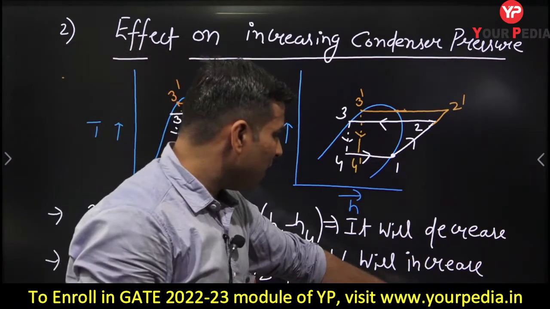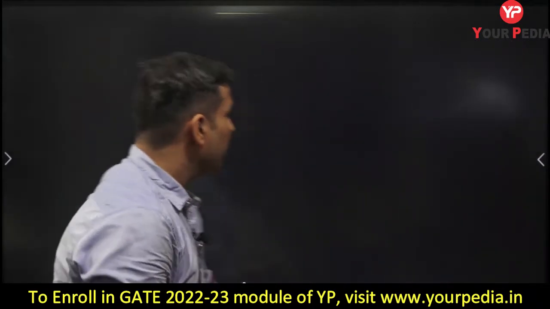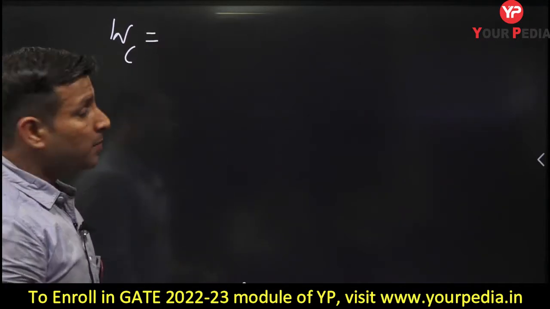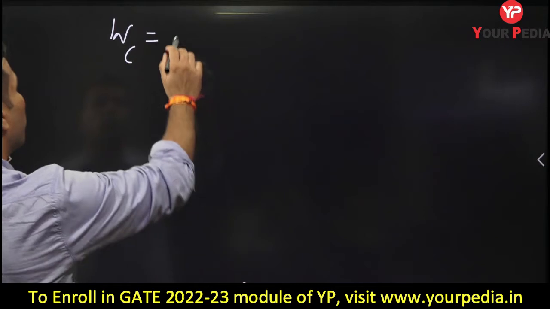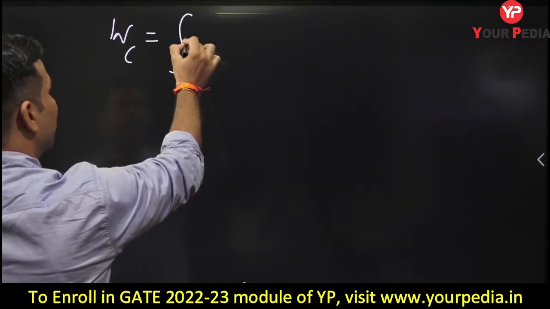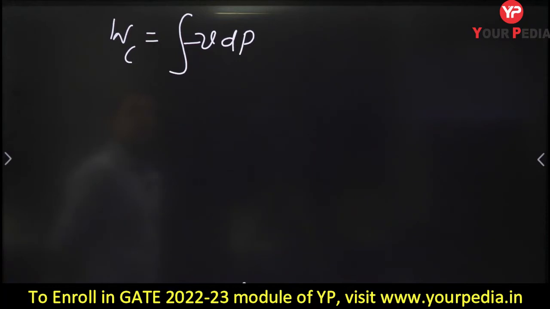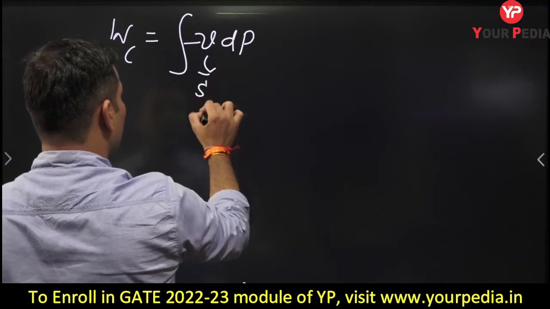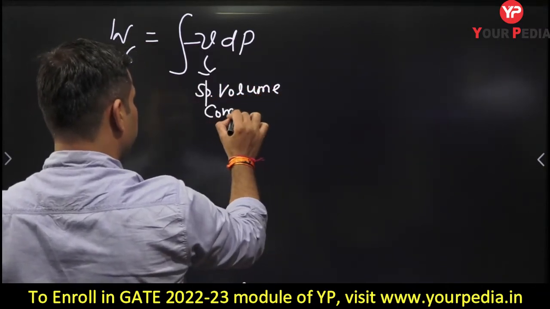You know guys, the compressor work you can easily show. The compressor is actually an open system device, although we can consider it as a closed system also. For an open system device, the compressor work we can represent as WC equal to minus integration VDP, where V is the specific volume the compressor is handling.